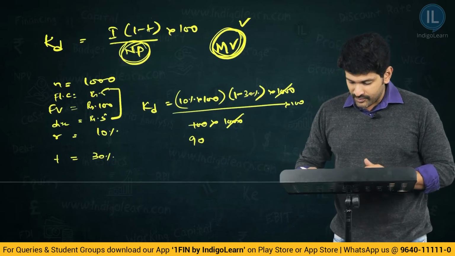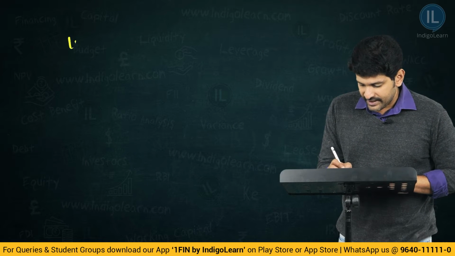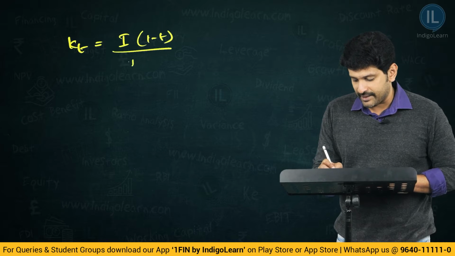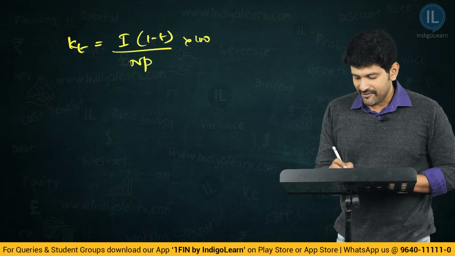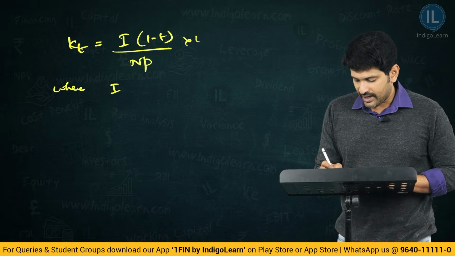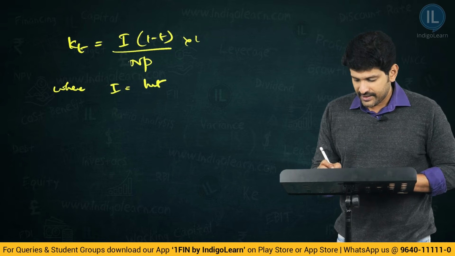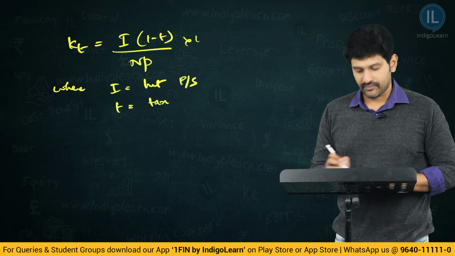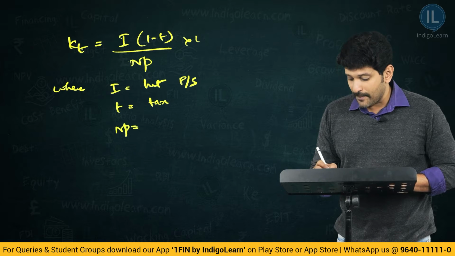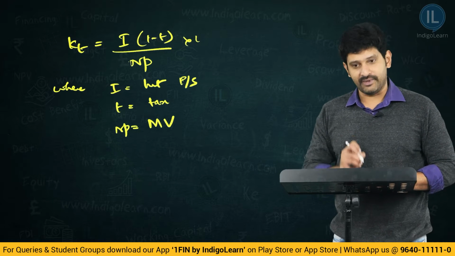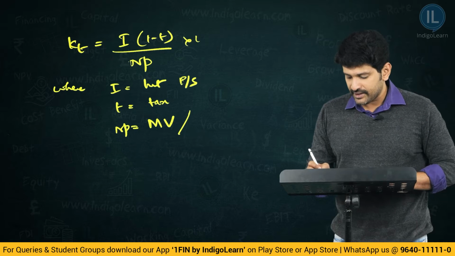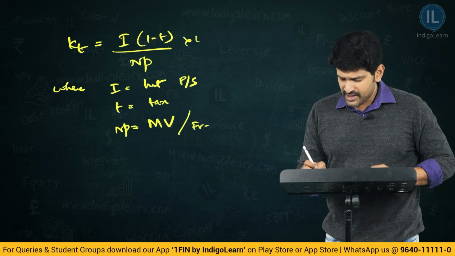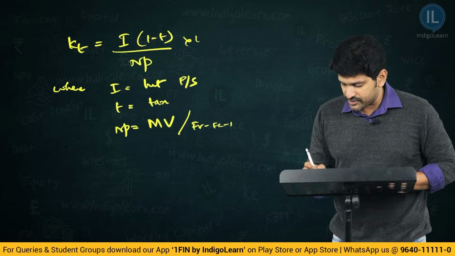Therefore, what is our final formula now? Kd is equal to simply interest into 1 minus tax divided by net proceeds, into 100, where I is equal to interest and T is equal to tax. Now this is per security. Net proceeds is equal to market value preferably. If not available, then the face value minus any other flotation cost or discount, whatever.